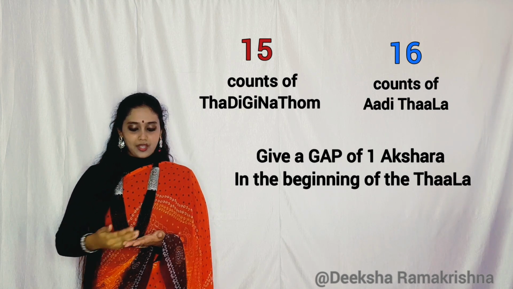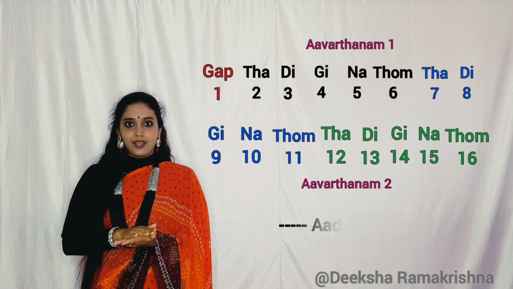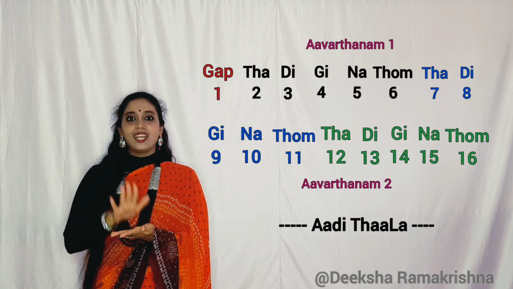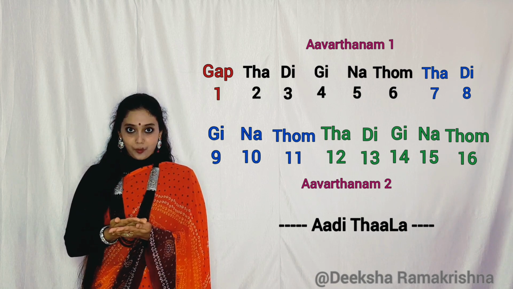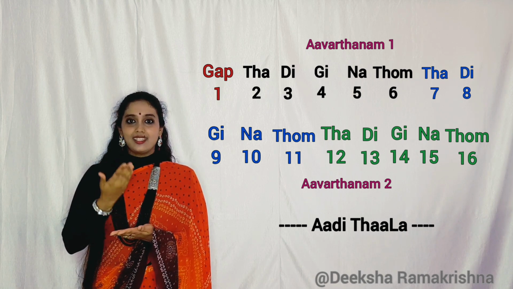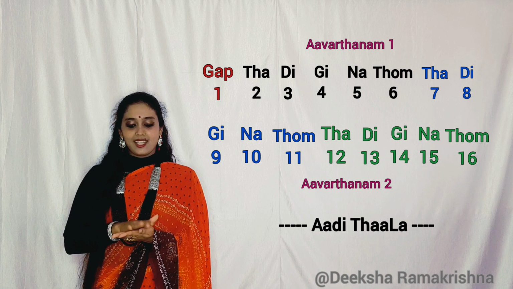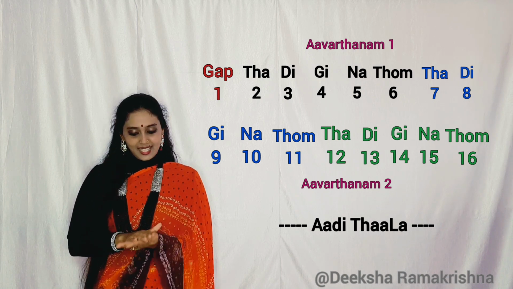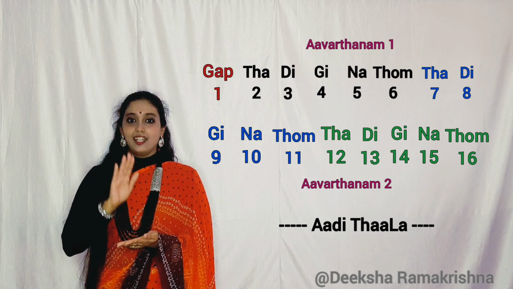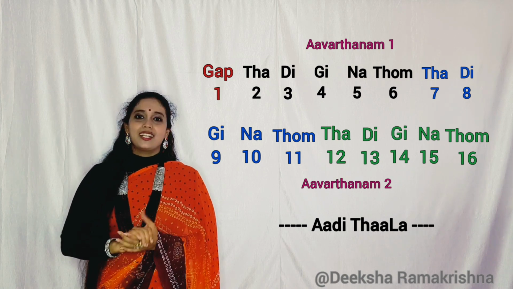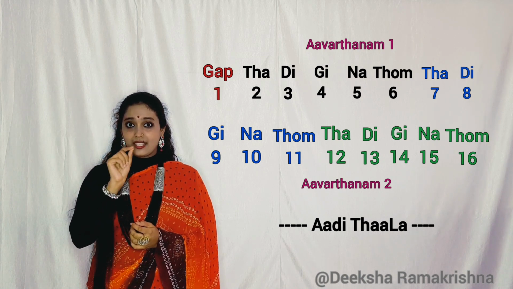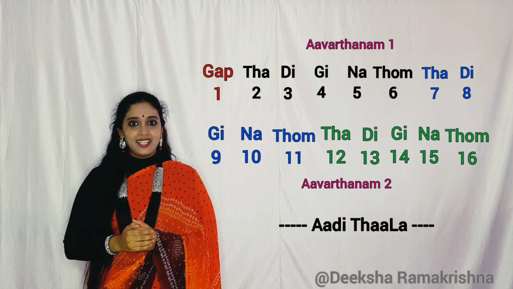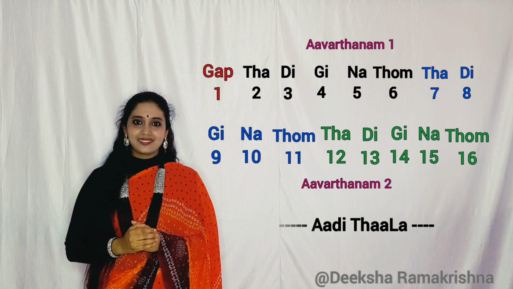That will mean gap ta di gi na tum ta di gi na tum ta di gi na tum. See, we gave 1 letter gap in the beginning and we got a perfect muktaya in the end. This is how we do first speed.